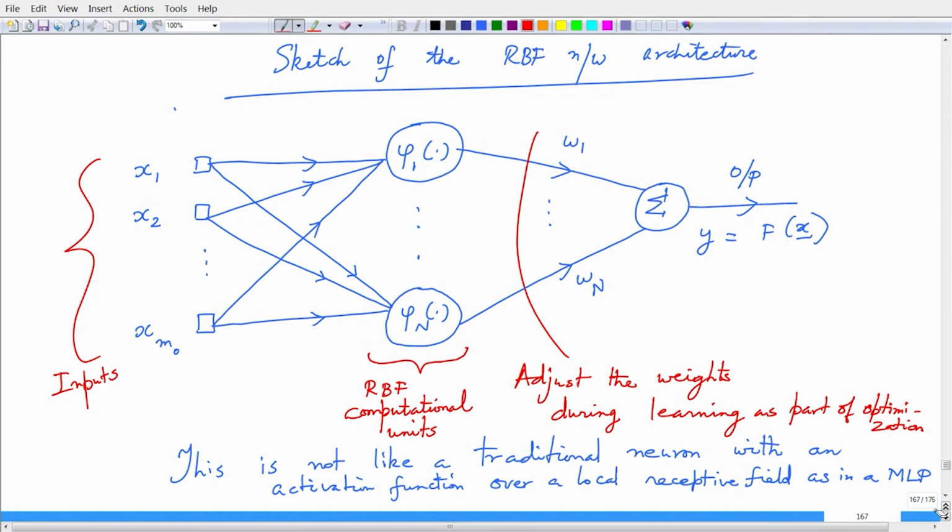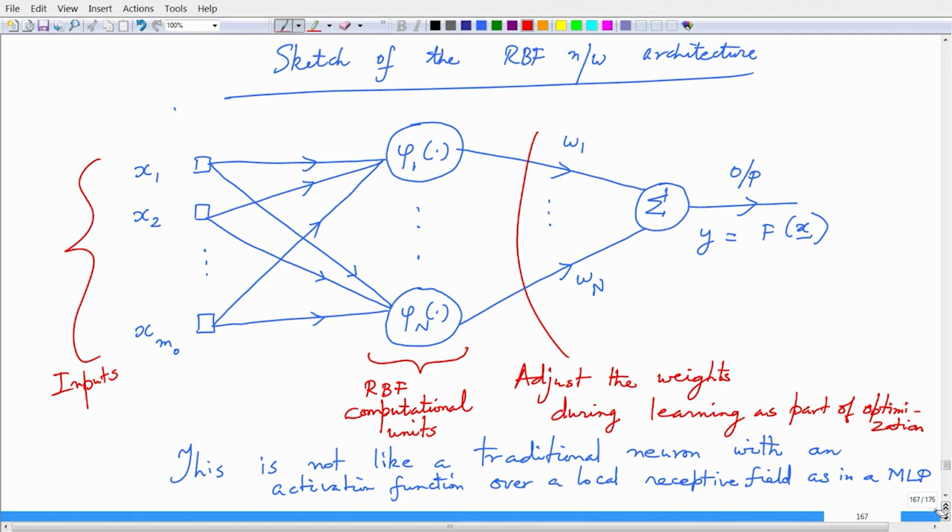Now, if we go one step further into sketching the architecture that we want given our ideas, this is how it would go. We have a set of inputs in an m naught dimensional space, x1 to x m naught, and we just combine them in a way to each of these hidden units, right.